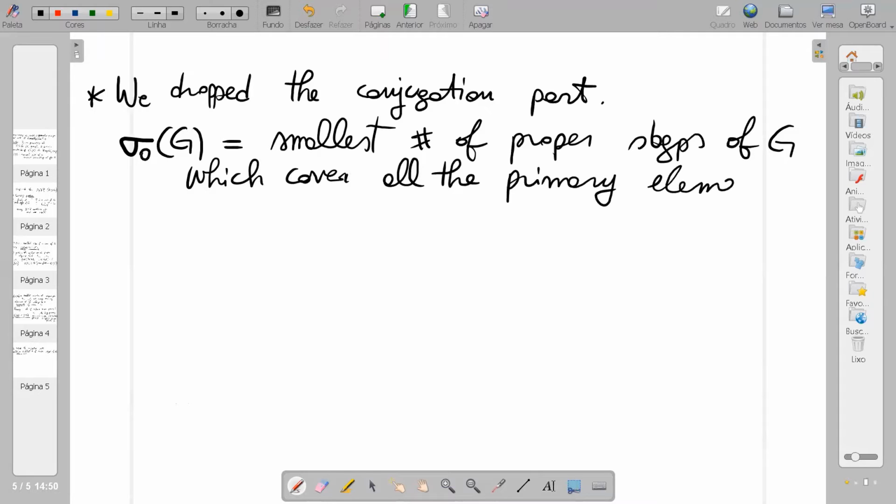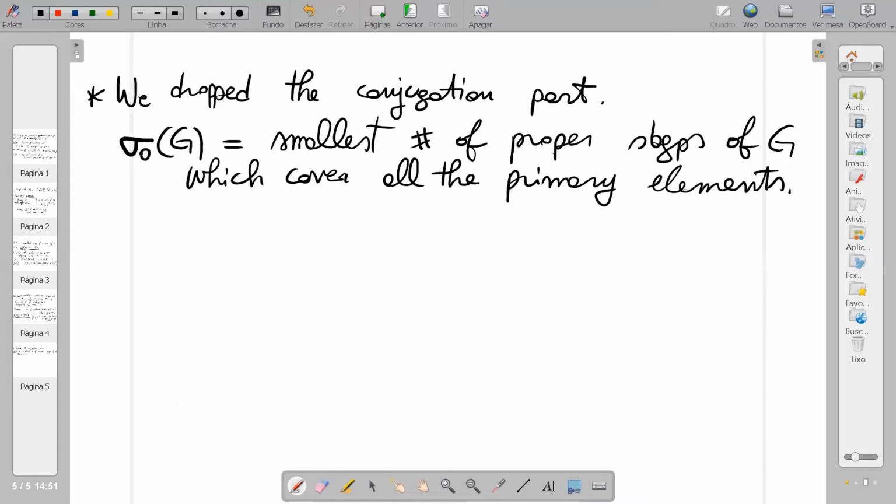Again, this is related to nu of G, because it has to do with gamma 0 that I just defined, where the conjugacy was taken into account, and it is also related to generation, so groups that can be generated by two primary elements in this case.